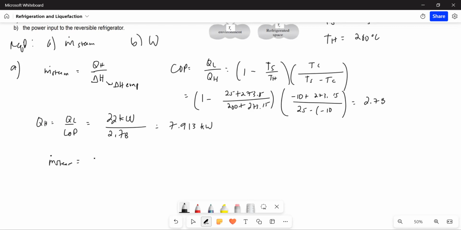QH is 7.913 kilojoules per second over, so by the way, delta H of evaporation is 1939.7 kilojoules per kilogram, from the steam table at T equal to 200 degrees Celsius.